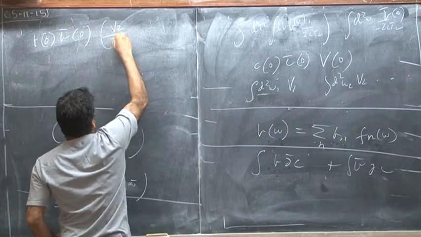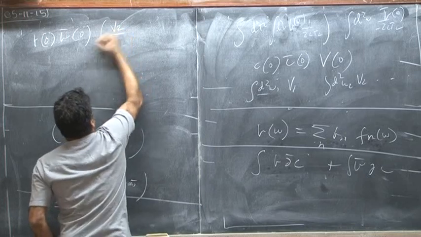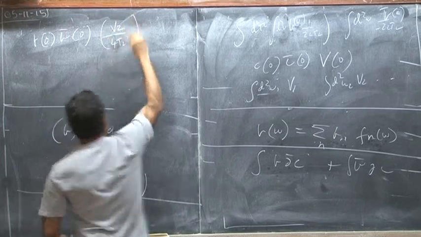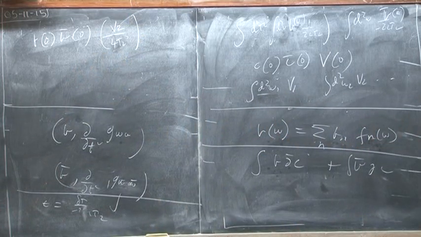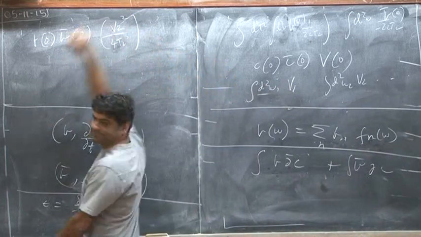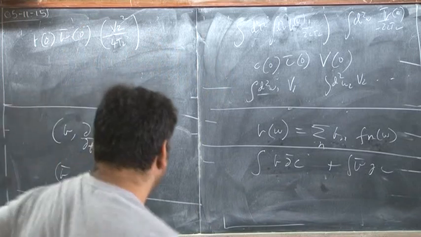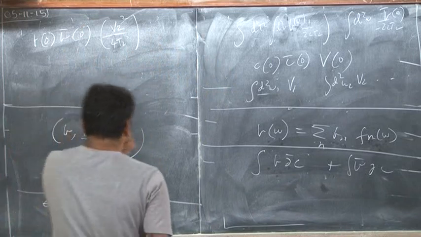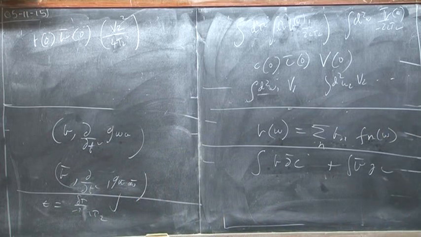I'll call volume of the torus 4 tau 2 squared. I'm keeping the 4s just for fun because it's not going to cost a factor. And volume squared. Okay? Excellent.